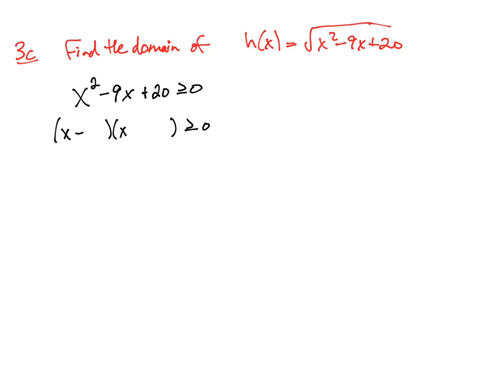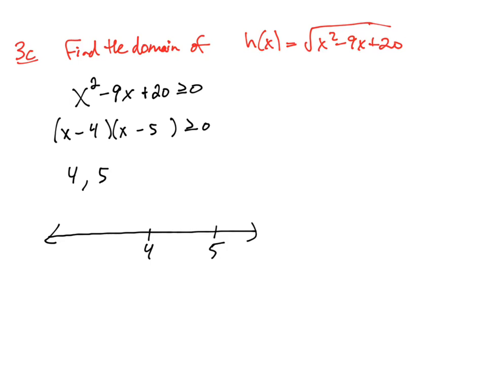We're going to have x minus 4, x minus 5. Now, what we're going to see here is that 4 and 5 will make this equation equal to 0. So we call these points the critical points for this expression.